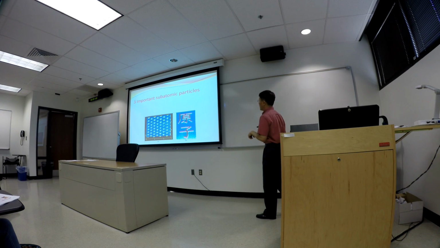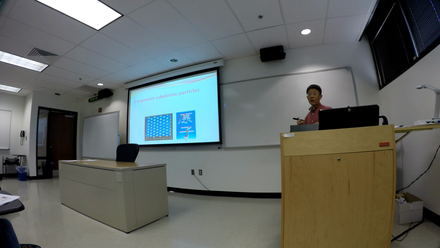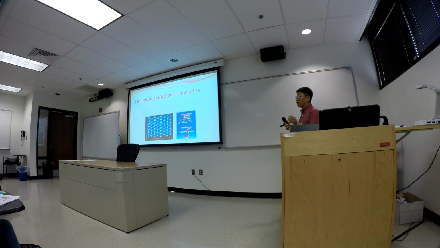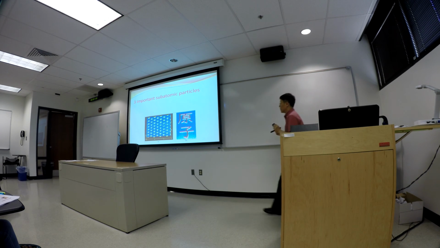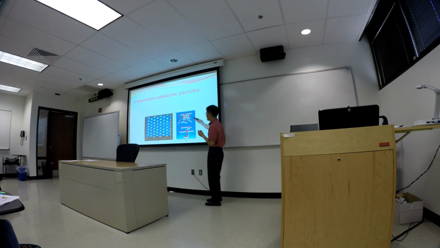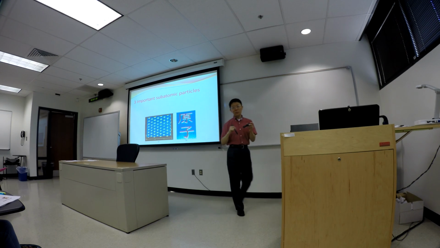Okay, so looking at the subatomic particles, we say atoms are the smallest building blocks of any matter, meaning you cannot split atoms by chemical methods, and you can split atoms by nuclear reactions. But there are subatomic particles, just so you wonder what these are, and that's Chinese for atoms.